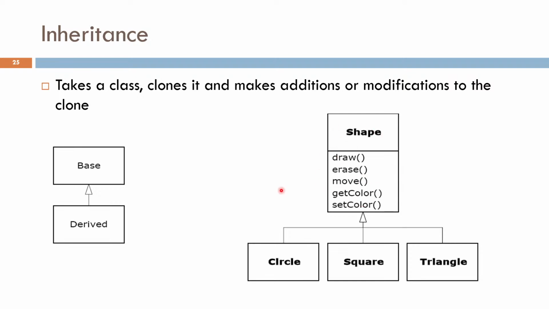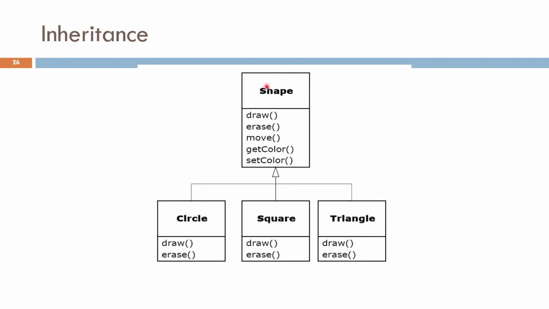That means the shape class has the draw, erase, move, get color, and set color member functions, or methods, that we saw here. Circle inherits from shape, square inherits from shape, and triangle also inherits from shape, so they have access to the draw and erase functions as well as the move, get color, and set color functions.